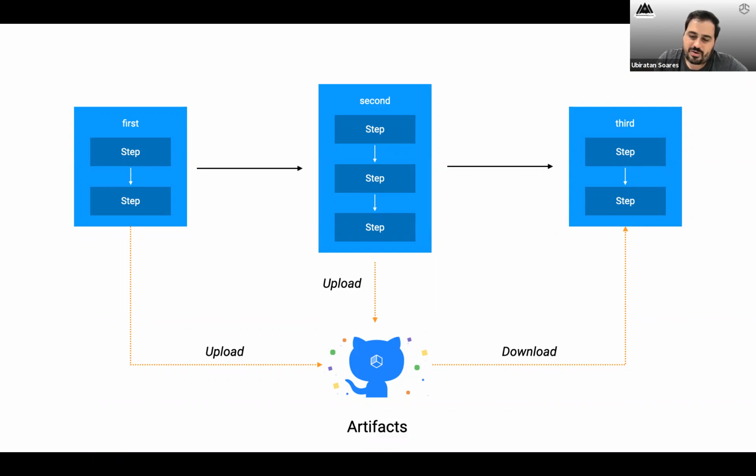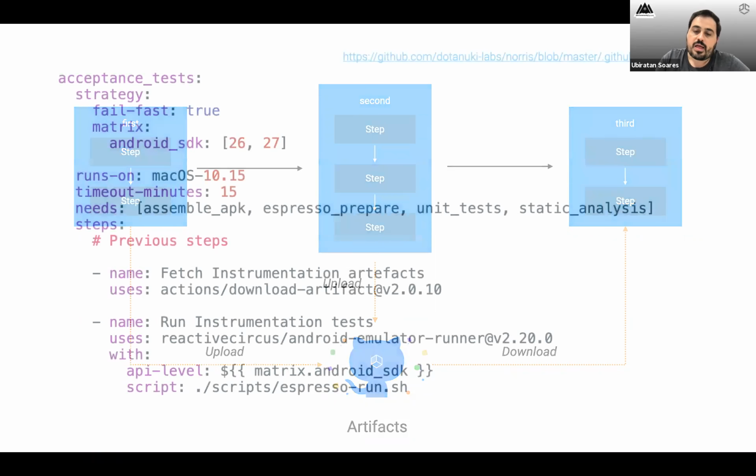Because we need to remember each job runs inside a runner machine, and the machines are isolated. So they don't share state, they don't share outcome between them. So if you want to have such sharing, in the case of outcomes or artifacts, a good way to achieve that is uploading such artifacts in the storage associated with a particular workflow, right?